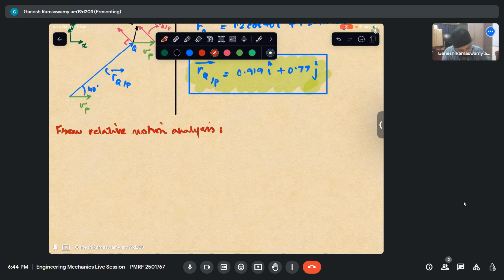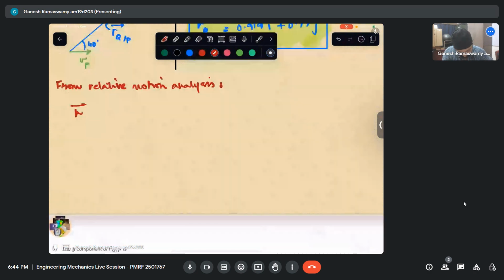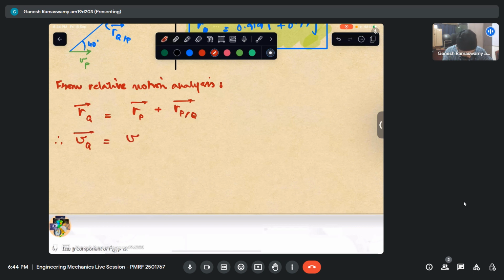I can write R_Q is nothing but R_P plus R_P with respect to Q. Therefore, V_Q is nothing but V_P plus V_P with respect to Q, which is nothing but V_P plus omega_PQ cross R_P with respect to Q. This is what we saw earlier.